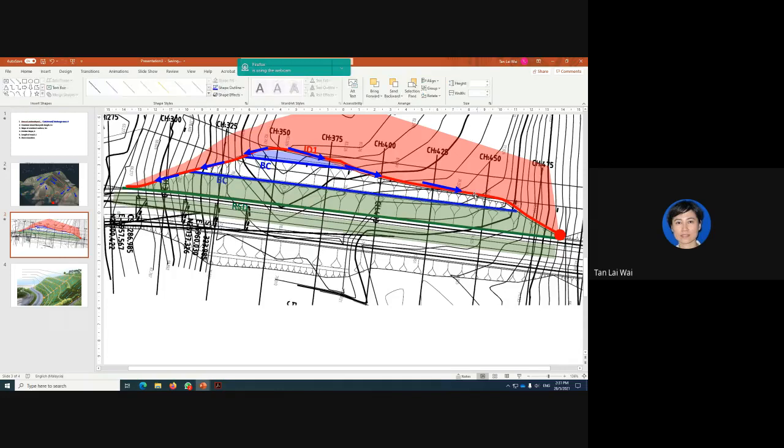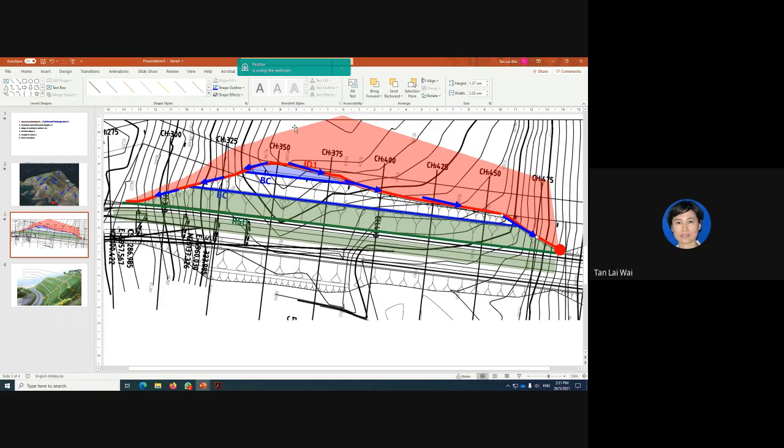Okay, assuming this is the direction of the flow in the drain. So now, when you consider this area, you need to imagine what will be the area going to the left and right.